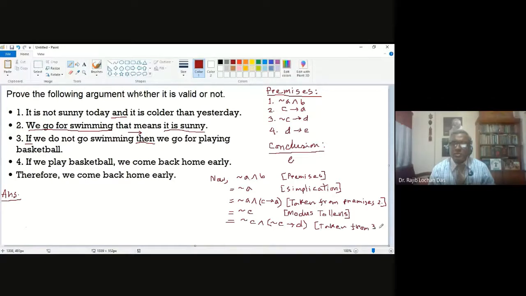So this is number 3. Okay, good. So now you move to the next line. What can you write? It is not C, and not C implies D. So what is the rule here?